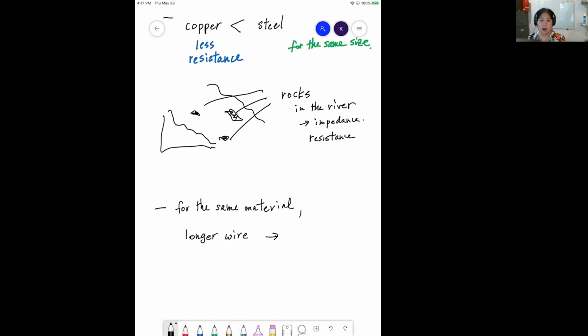What do you think? Is it harder or easier for the water to flow if you have to go a longer distance? So with a longer wire, you have to go through more distance, right? I hope you can see that the longer the wire, the higher the resistance.